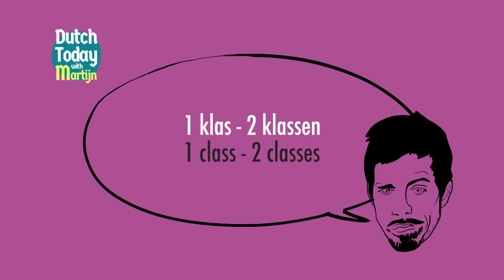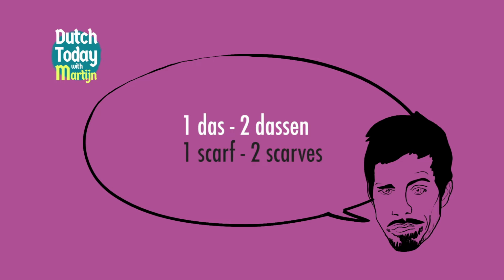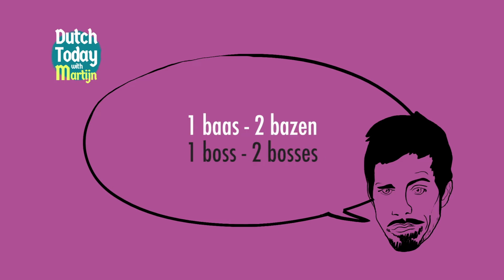Eén klas, twee klassen. Eén das, twee dassen. Eén baas, twee bazen. Eén haas, twee hazen. Eén glas, twee glazen. So why does glas follow the rule of baas, bazen and not the rule of klas, klassen?